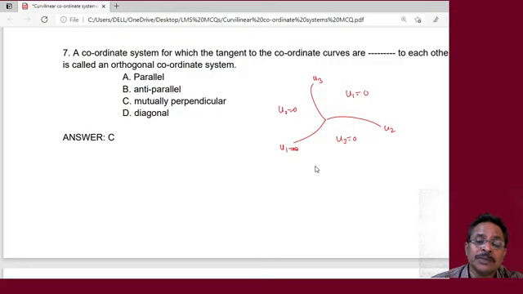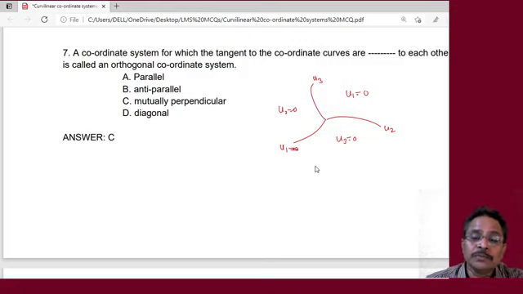These three curved surfaces intersect each other in such a manner that the intersection of u1 equal to 0 and u3 equal to 0 gives me the second direction, that is u2. Then the intersection of u1 equal to 0 and u2 equal to 0 gives me u3, the third direction, and similarly the intersection of u2 equal to 0 and u3 equal to 0 gives me the curve direction given by u1.